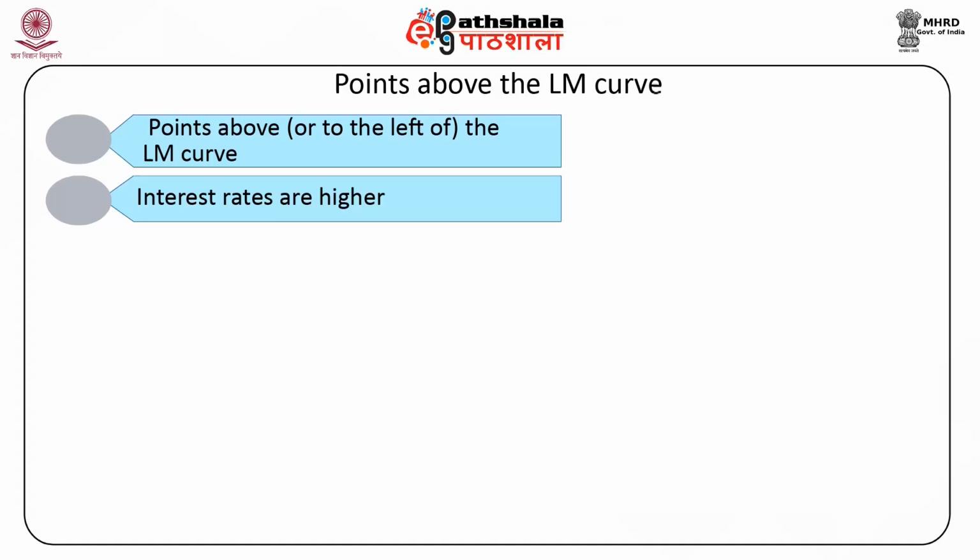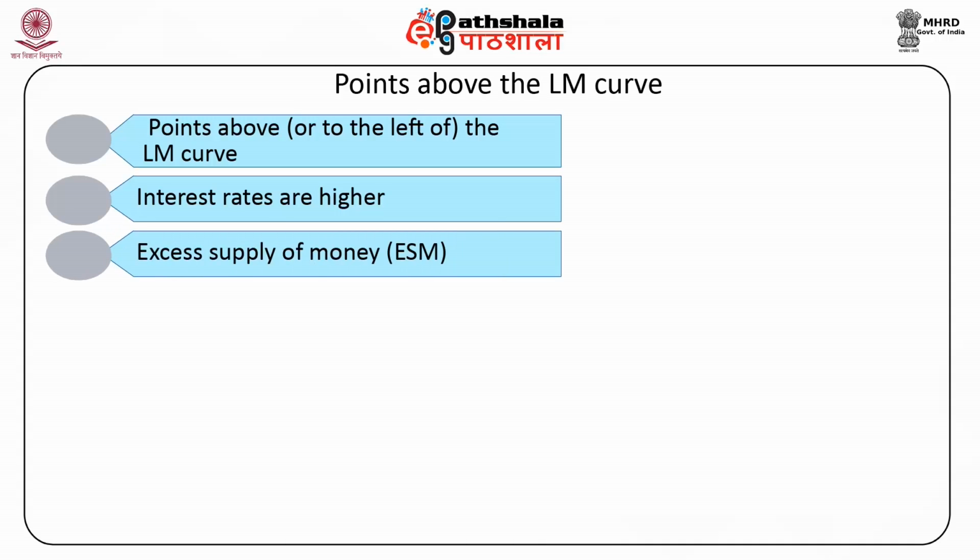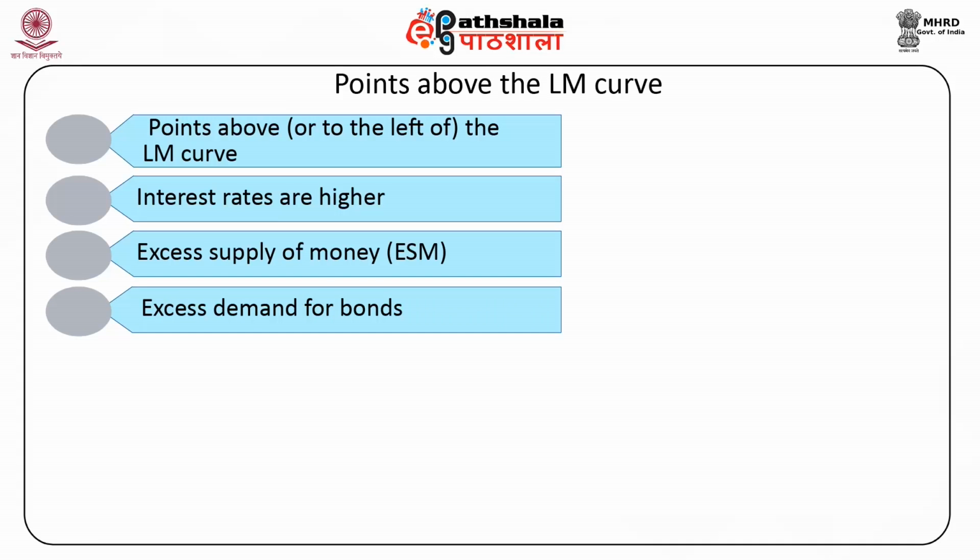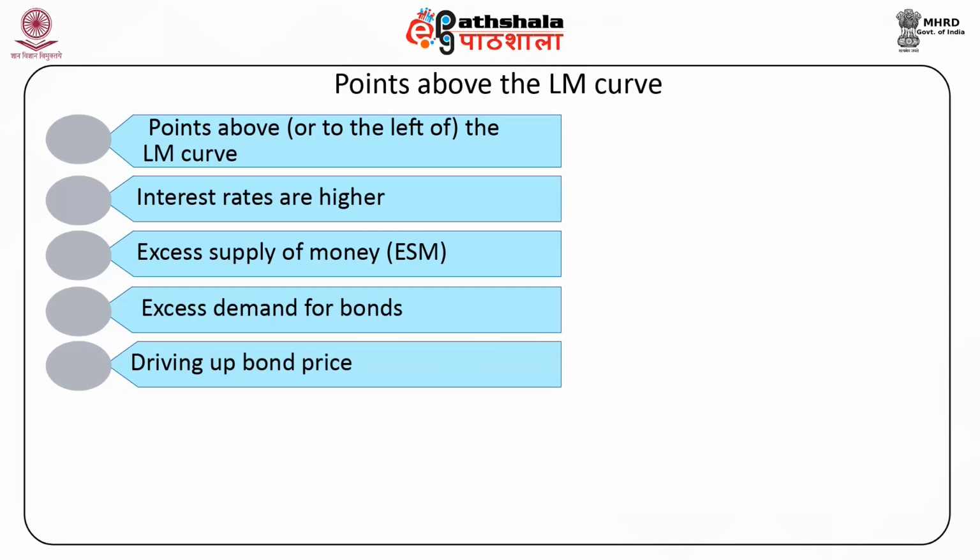So there would be excess supply of money (ESM) at such points. Excess supply of money means there is excess demand for bonds, driving up bond price and hence lowering interest rates.